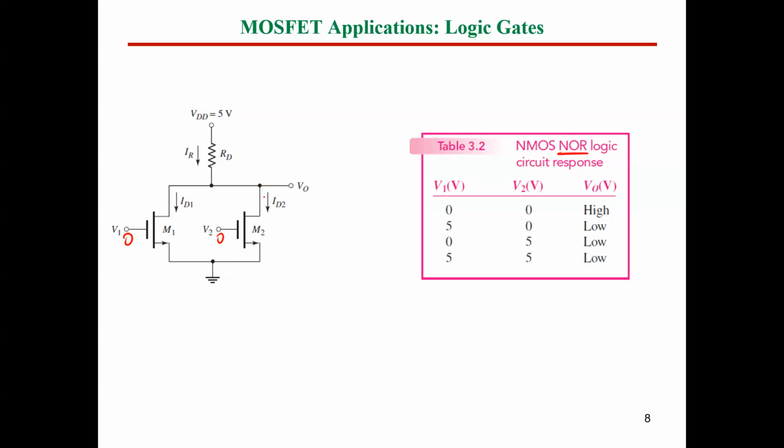In this case, there would be no connection between the point V out and the ground, and the current IR here would be 0 as well. And the voltage here would be the same as the voltage here. So if we apply 0, 0, we expect to have active high output.